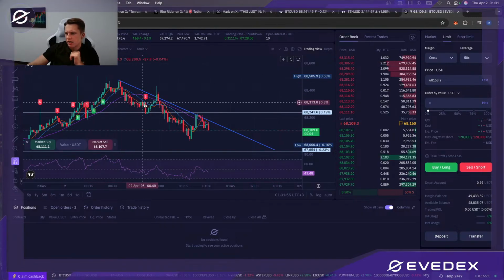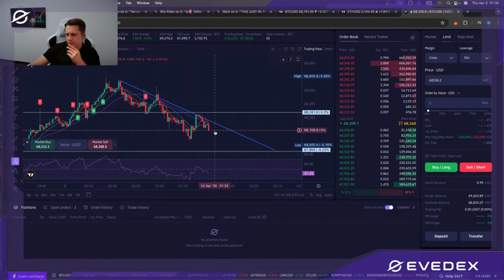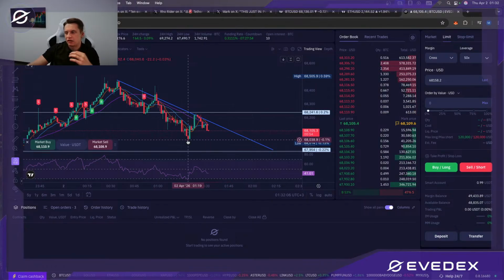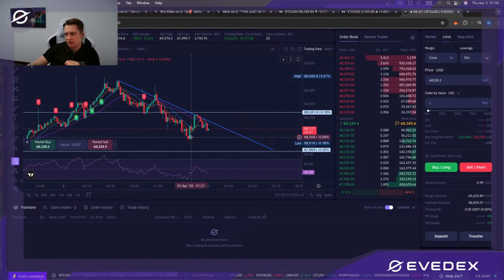We have a high, a low here, a high there, a low there, a high there. And what I'm expecting right around now would be a continuation, and the price comes lower than this previous low here, which would be great.